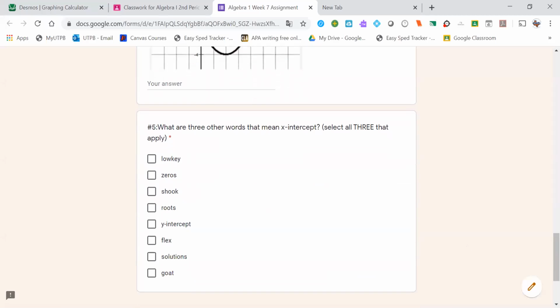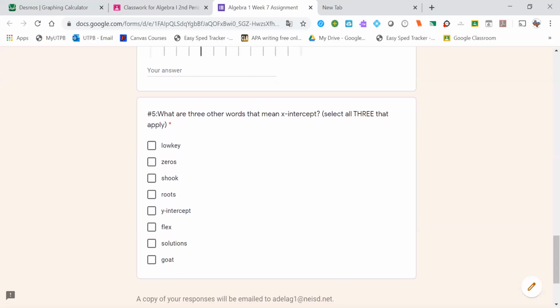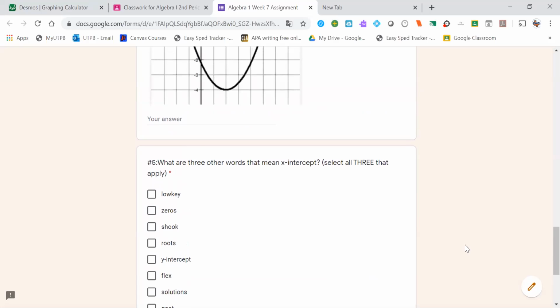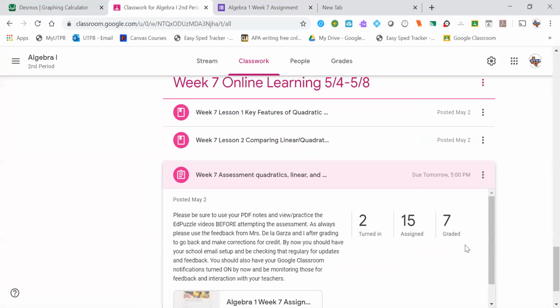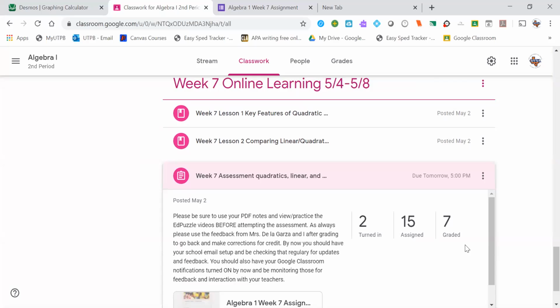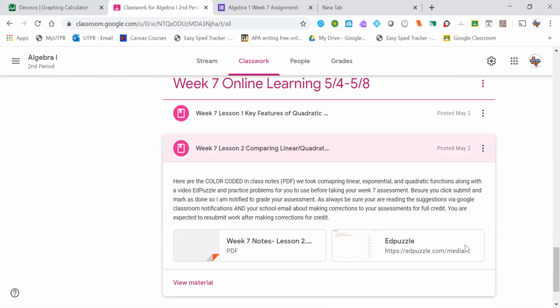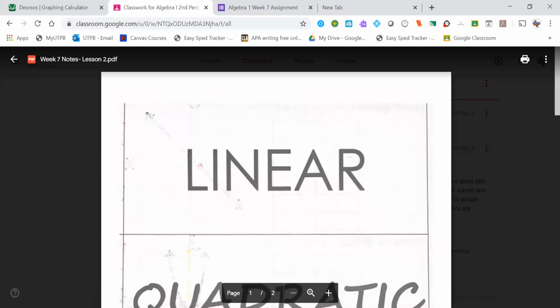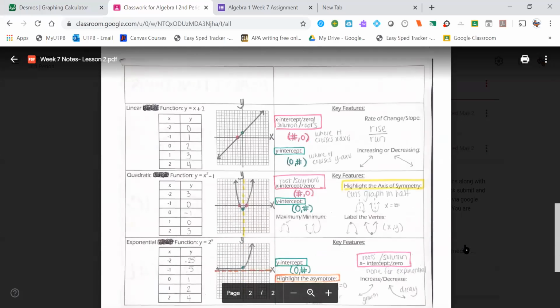Okay. And then what are 3 other words that mean x-intercept? If you go back to your classroom, all of our classes are the same. Ms. Foy's class, Mr. Slagle's, we all have the same things to help you guys. There are no different notes. We all try to use the same thing. So if you go to your notes, we provided y'all with a couple of these notes.